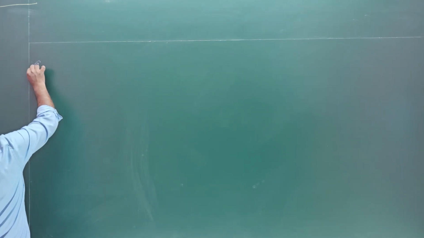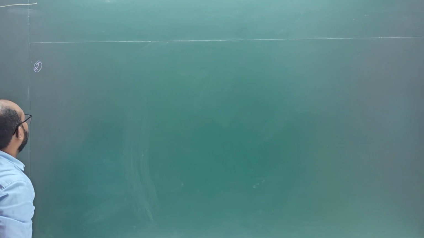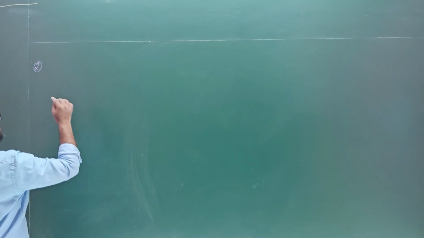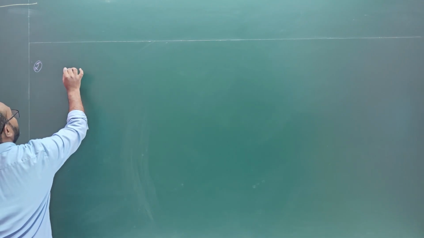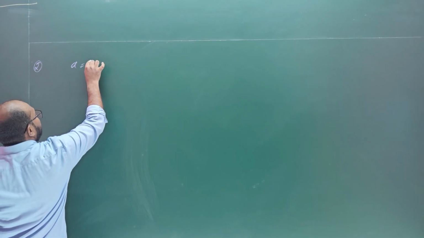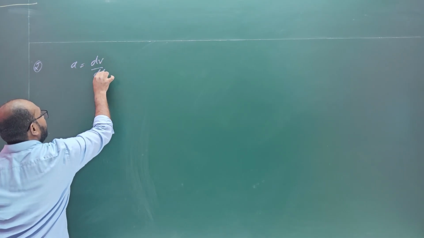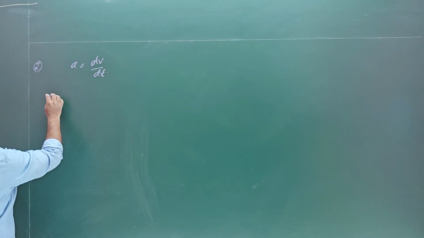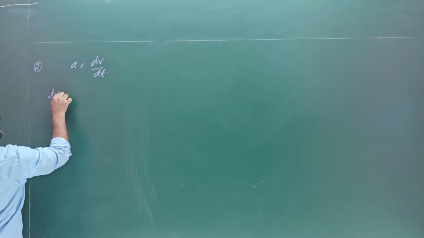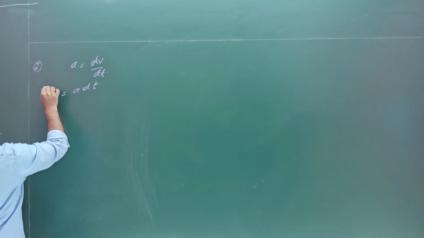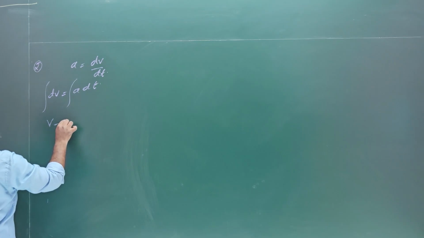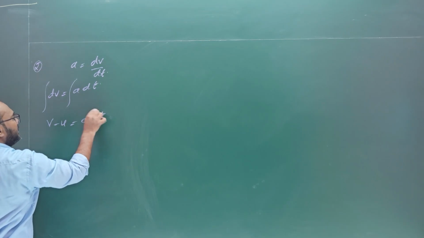Okay, shall I? Example number 2 on again this same topic, but this time the graph is given in a different way. Let us consider, so a is nothing but, can I say dv upon dt? Can I also say that this a can be written as dv equals a dt, or if I integrate this, this becomes v minus u equals the integral of a dt. Can I write like this?